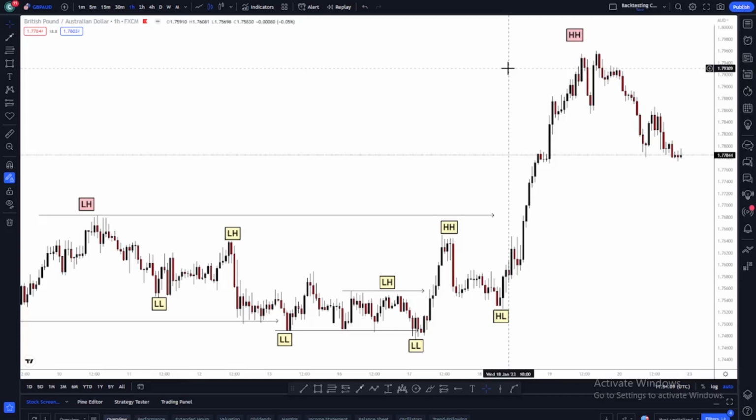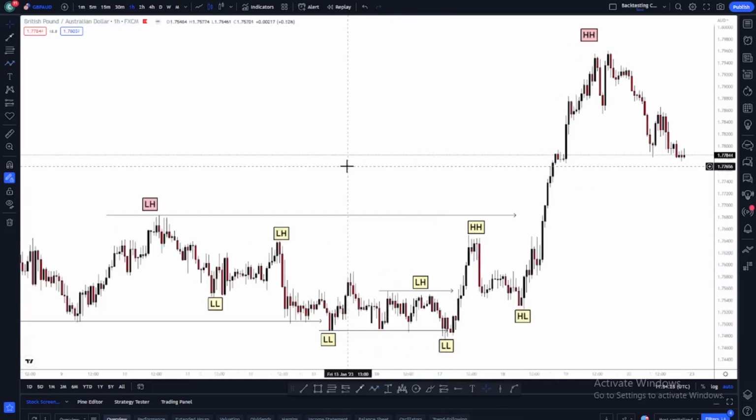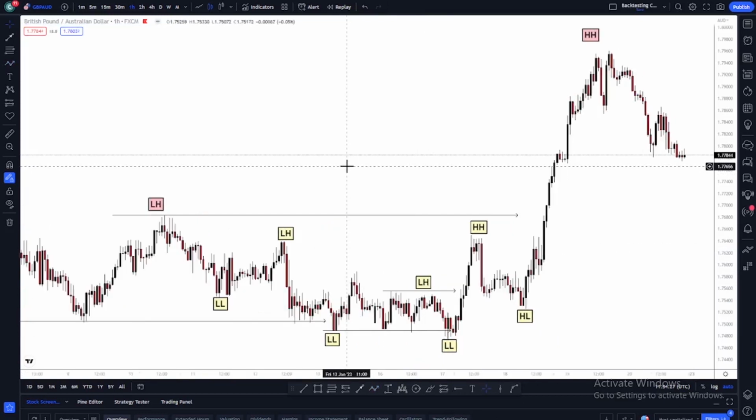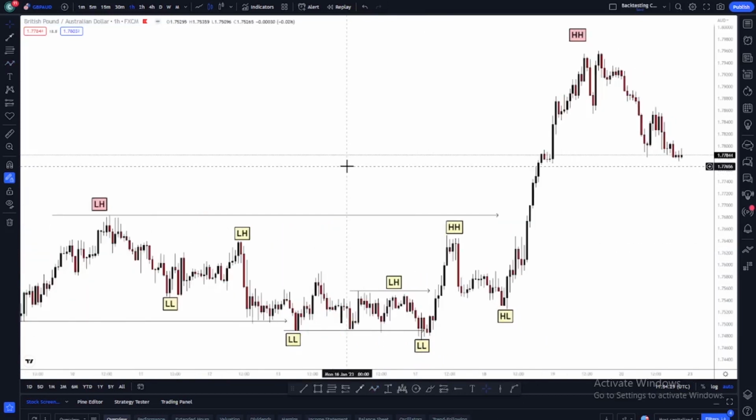So looking at the market, where did the shift of structure happen? It happened right here. This bullish move right here caused the break of structure, the shift of structure on the H1 time frame. So let's go a little bit back and identify the H1 structure.